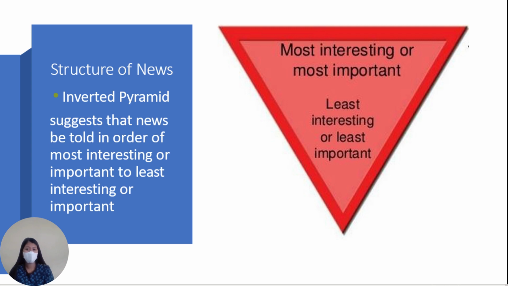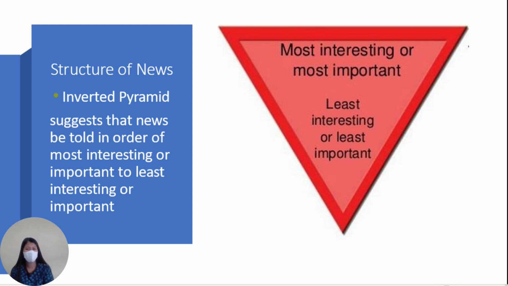Now we move on to the structure of news. As I have mentioned in the first part of this video, a news article is commonly structured in an inverted pyramid structure, meaning the most interesting or the most important part is on the first part of the news article.